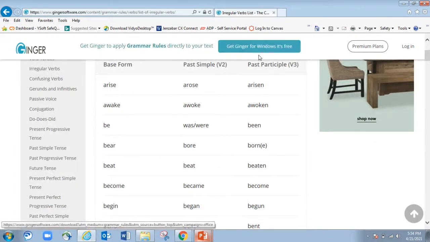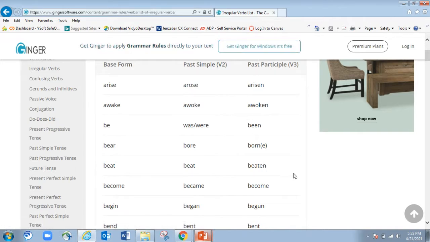But remember, this third category, to use these words, you must have the form of the verb to be before it. Usually it's have, has, had, but in this case it could, like I mentioned before, change.